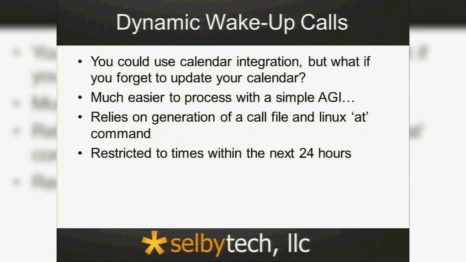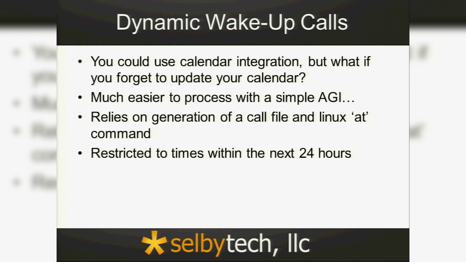The simple process is you call in from your cell phone or from whatever phone you want to get your wake-up call on to your wake-up extension, and it's going to prompt you to say, what time do you want to wake up? Enter a 4-digit time. You type in your time in 24-hour format, and it will call you back on the number you called in at the next time that comes up in the next 24 hours.